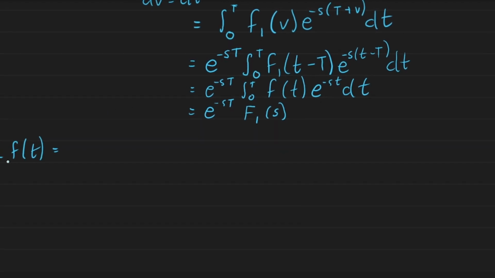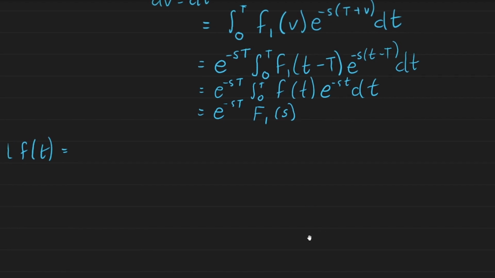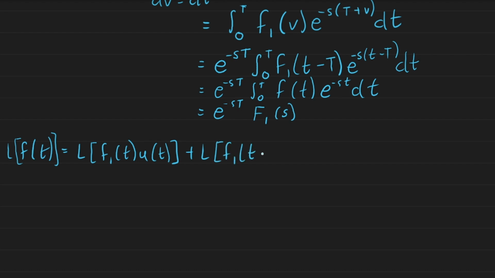So we're considering the Laplace transform of f of t, and this was equal to the Laplace transform of f1(t) times u(t), plus the Laplace transform of f1(t minus T) times u(t minus T), and you can write one more term, the Laplace transform of f1(t minus 2T) times u(t minus 2T).